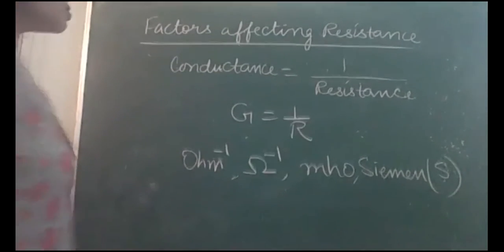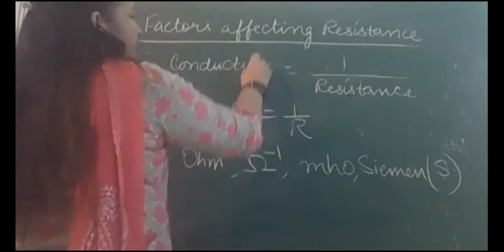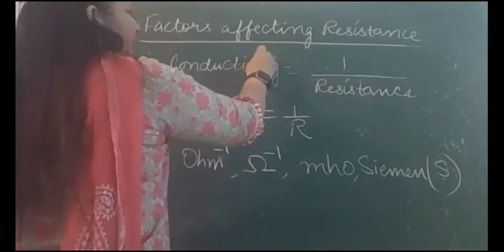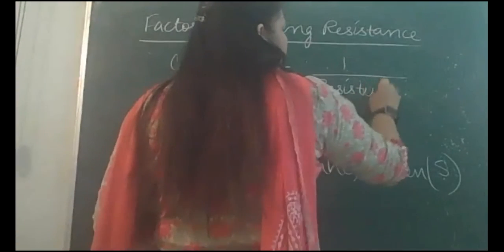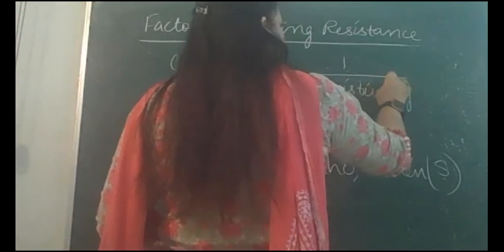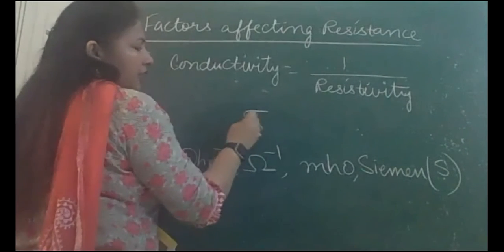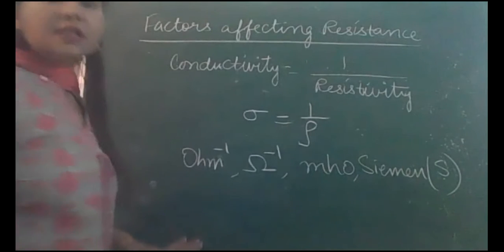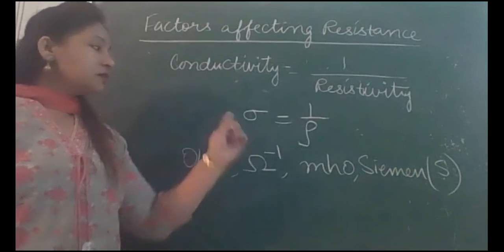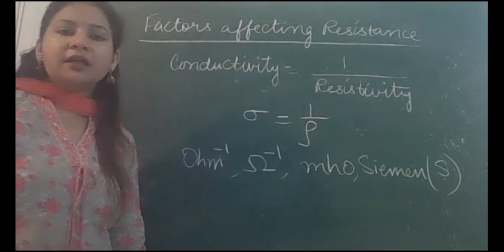So let us define conductivity: it is defined as the reciprocal of resistivity. Its symbol is sigma. This is again a Greek symbol. So sigma is 1 by rho. This is the formula of conductivity.